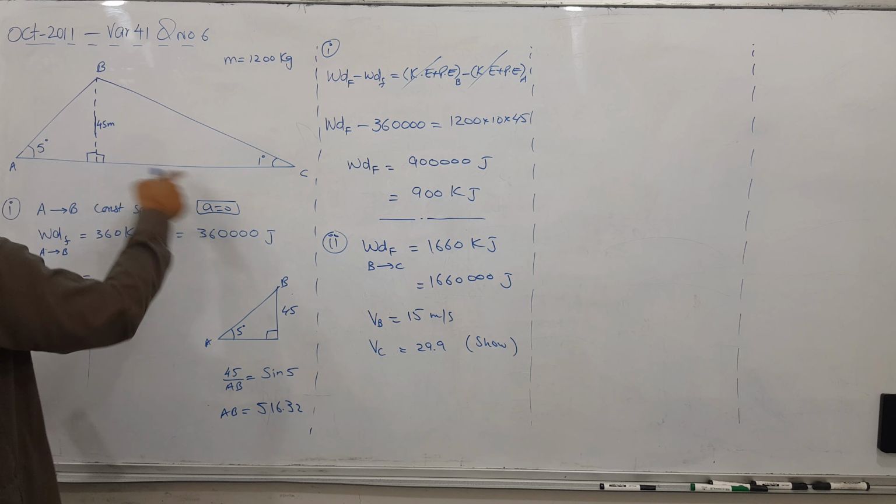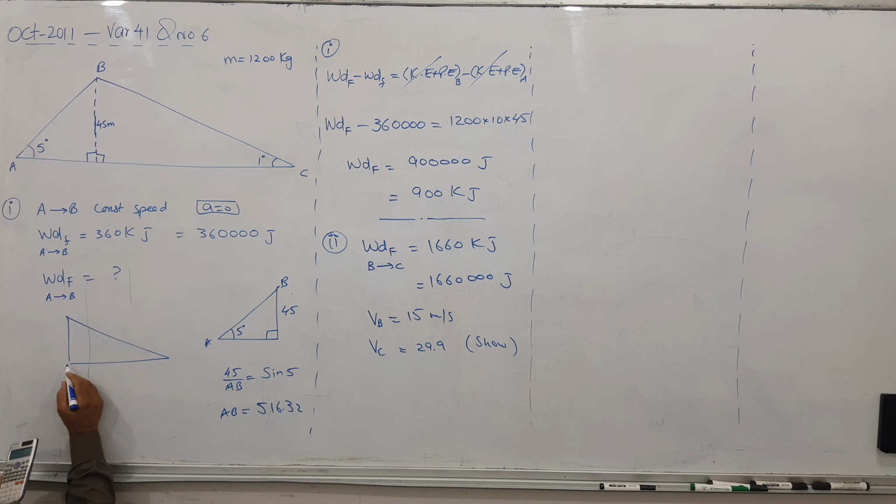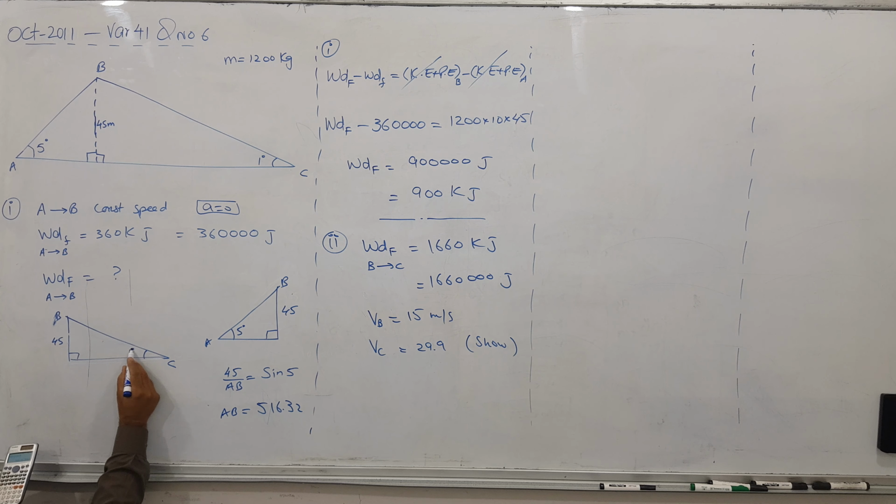Similarly, I want to find this one also, the longer one, and let's see what this distance is. This is BC, and this is 45, and this is 1 degree.